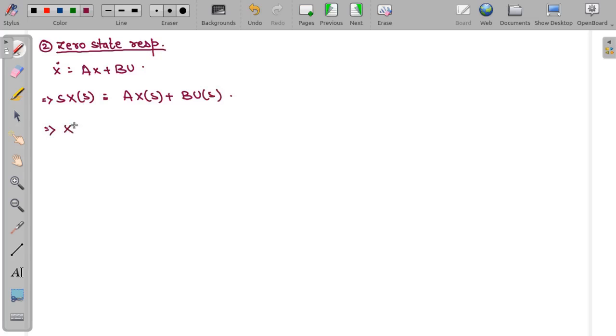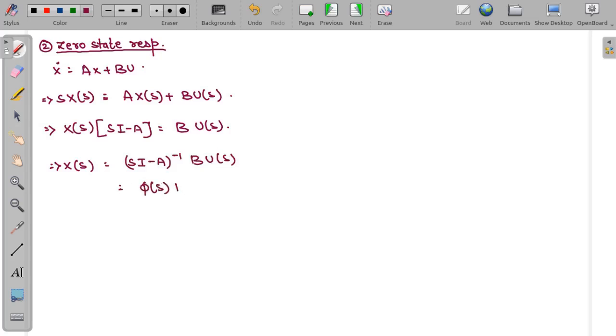So X(s) common, this will be (sI minus A) X(s) equal to B U(s). So X(s) is equal to (sI minus A) inverse B U(s), or you can even write this as phi of s B U(s). So this is X ZSR.